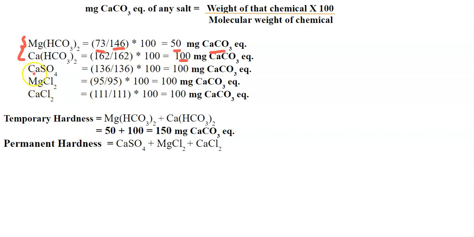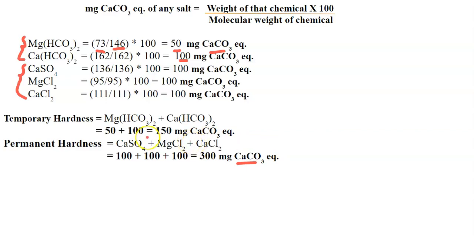Permanent hardness is due to salts of heavy metal ions other than carbonates and bicarbonates, meaning it can be sulfates and chlorides in this case. The addition of the amounts of these three salts will give you permanent hardness, and the unit is mg of CaCO3 equivalent. This is how we can calculate permanent and temporary hardness.